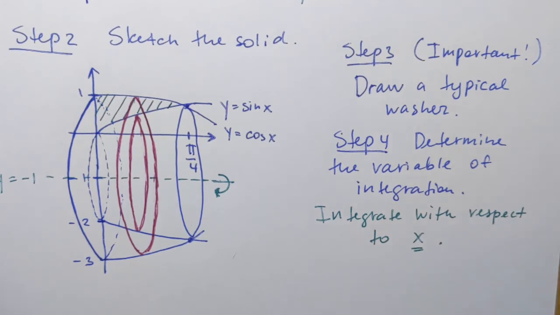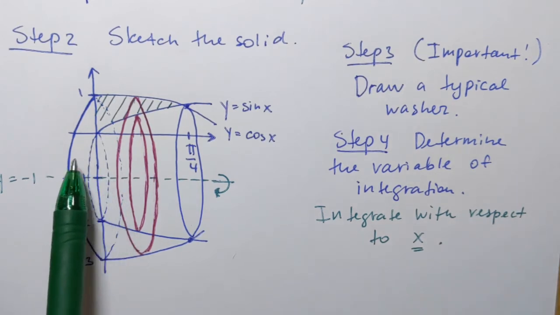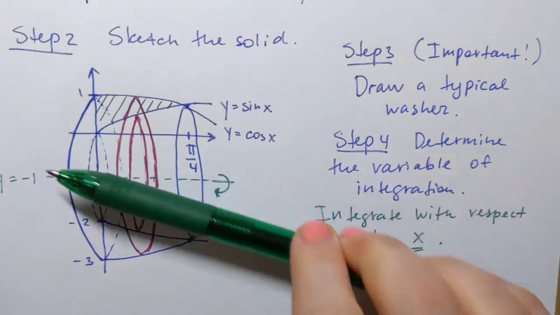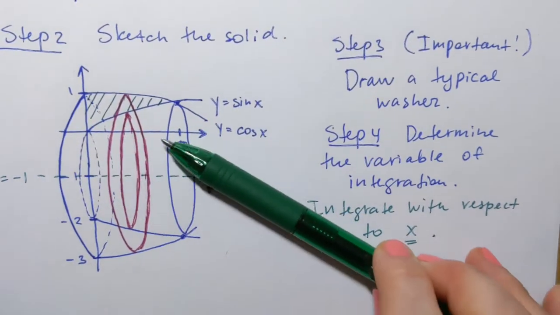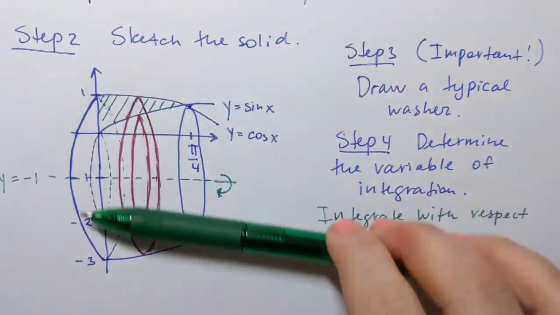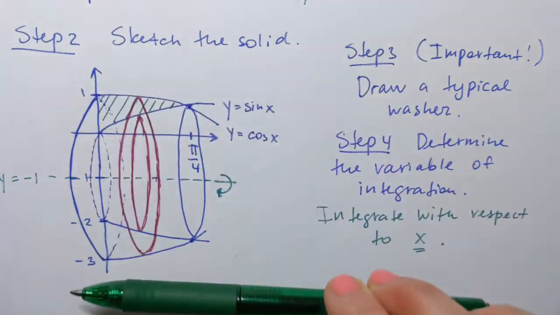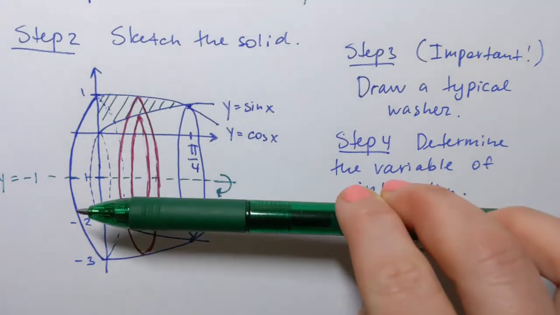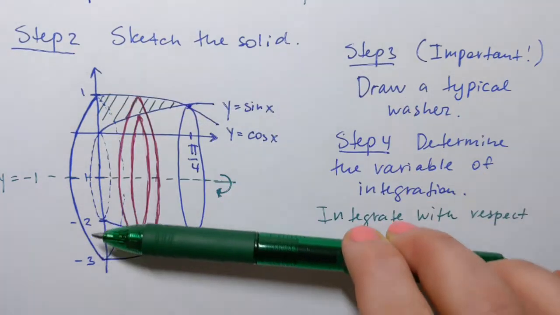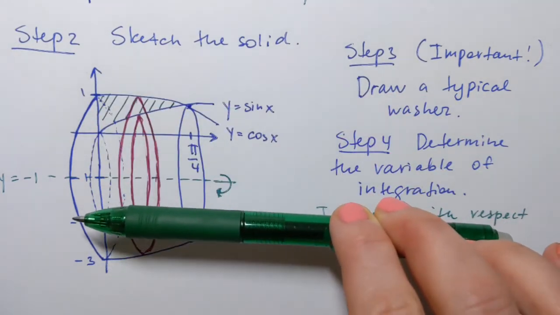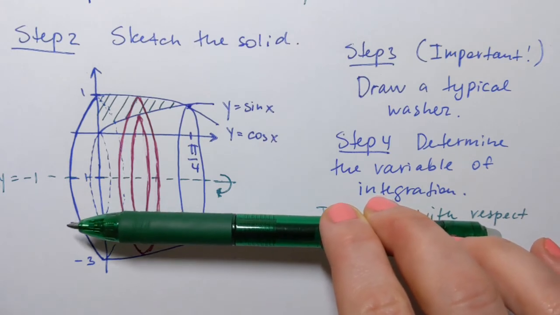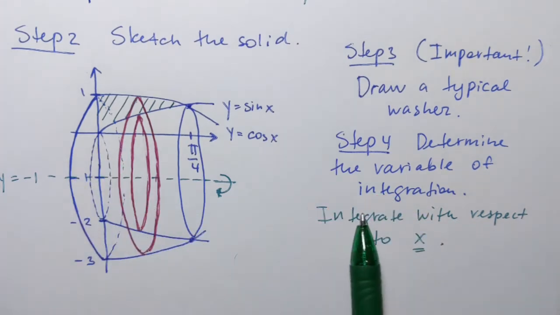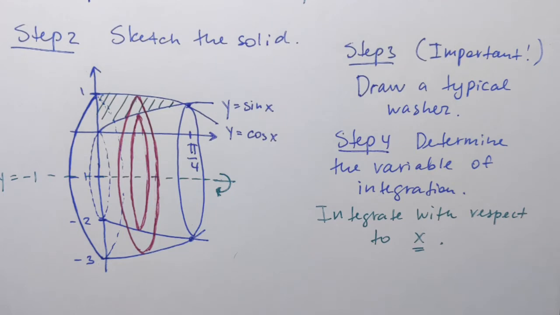Now, just a side note, if our washer was a horizontal one, if it was going this way, then we would see that it had to be moved up and down, and then its size changes. So that's where everything depends on position along the y-axis, and everything depends on y. That's when you integrate with respect to y. So that's how you will check that in step 4.